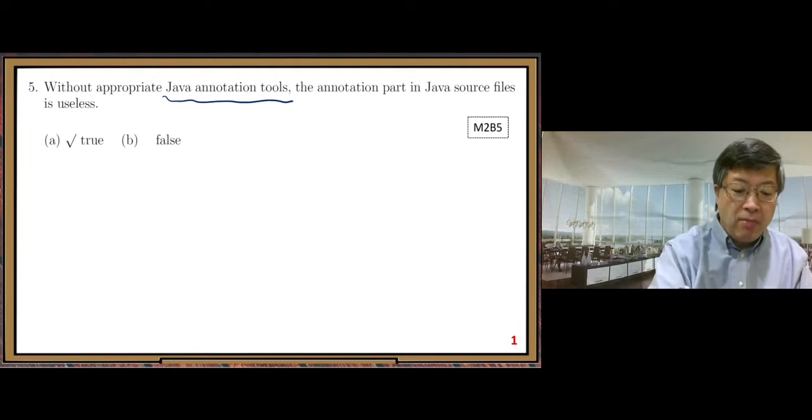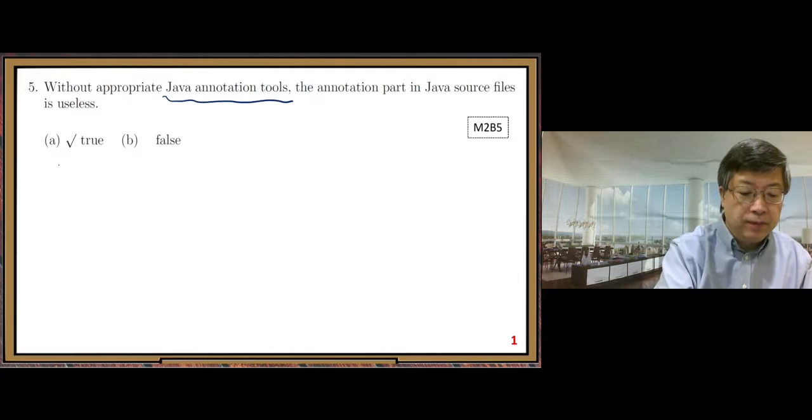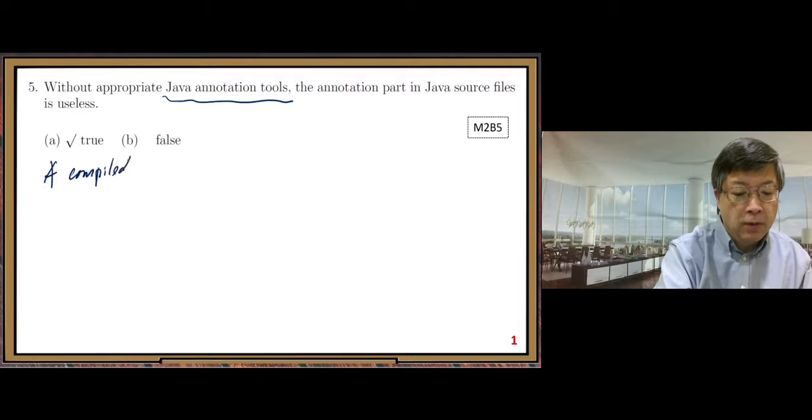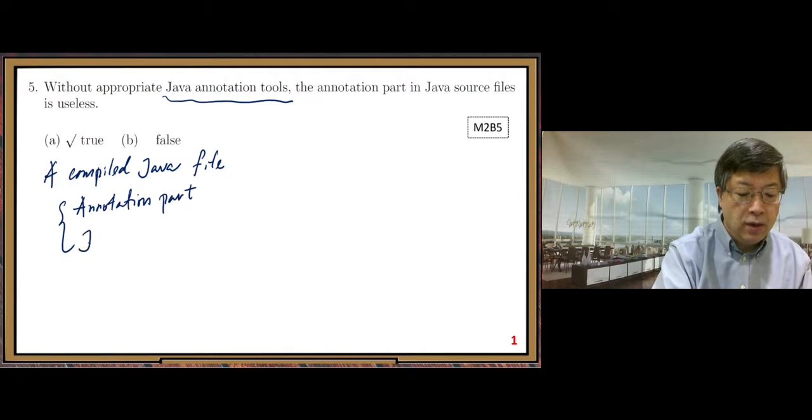We know a compiled Java file contains 2 parts. Annotation part and Java instruction part.